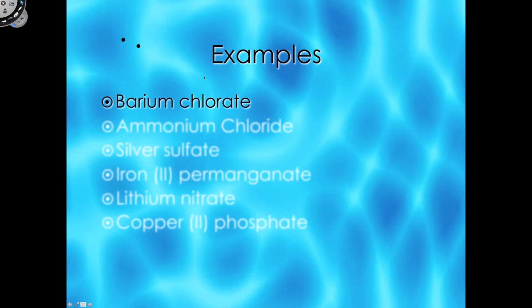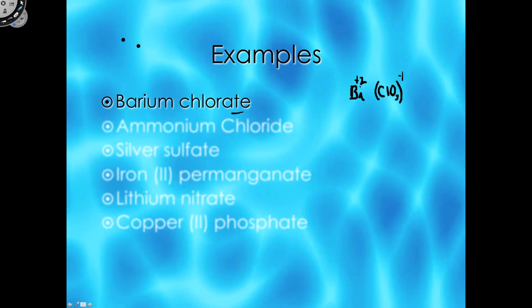All right, barium chlorate. Again, how do I know that this is ternary? Barium's a single element. Chlorate ends in ATE, and that means that it is polyatomic. So I write the symbol for barium, which is Ba. Chlorate is ClO3. Put that in parentheses because it's polyatomic. The charge for barium is +2. Chlorate's -1.